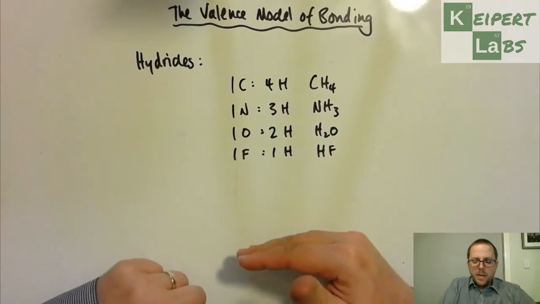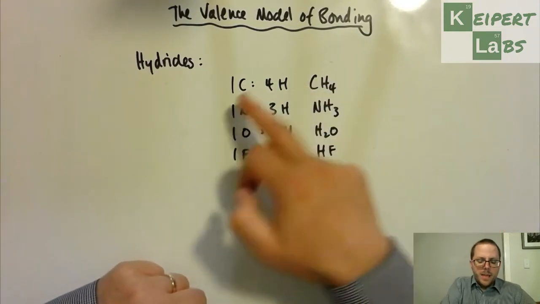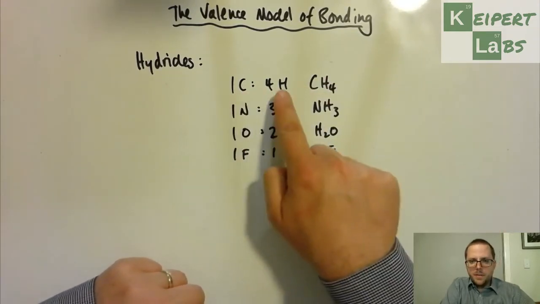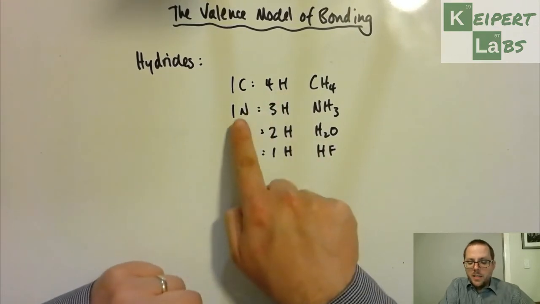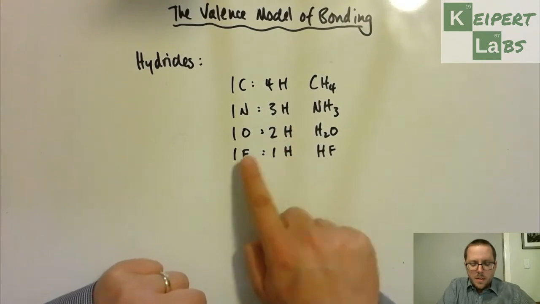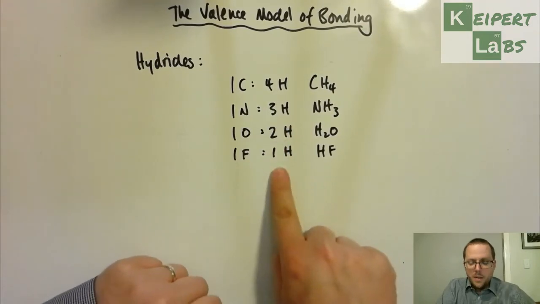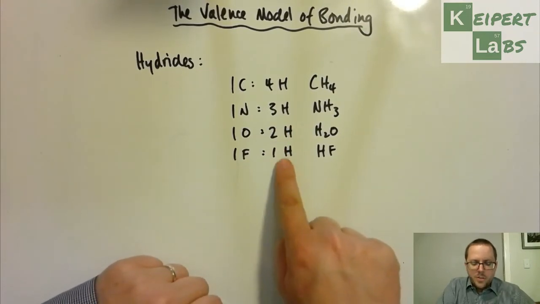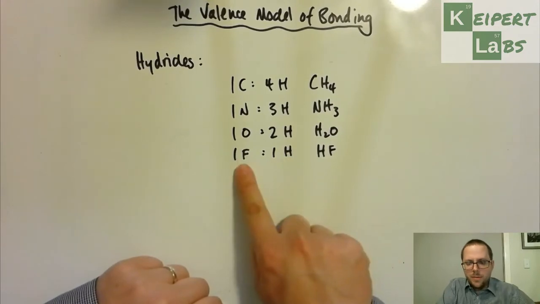Carbon is able to connect to 4 different things. Nitrogen can connect to 3 different things. Oxygen can connect to 2 different things, but fluorine can only connect to 1 thing. And hydrogen can only make 1 connection to a fluorine.